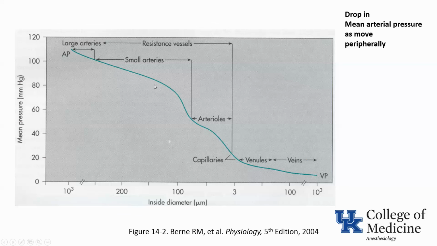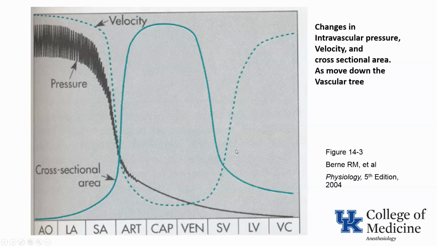Most of the fall is in the small arteries and the arterioles. This shows the changes in intravascular pressure, velocity, and cross-sectional area as one moves from central to distal vessels.